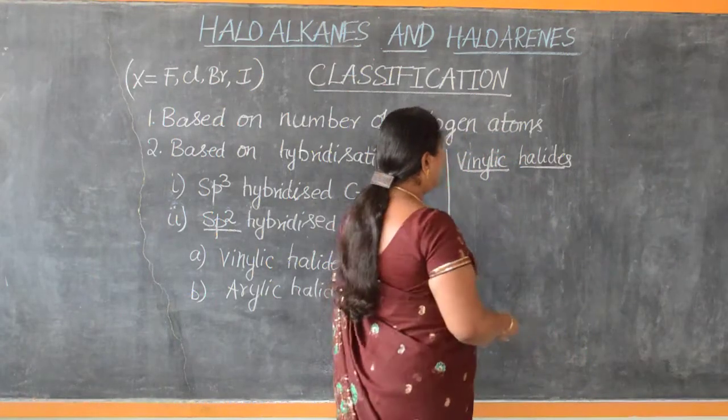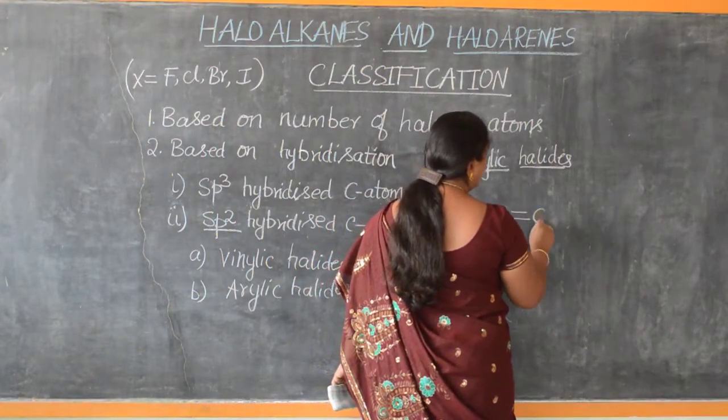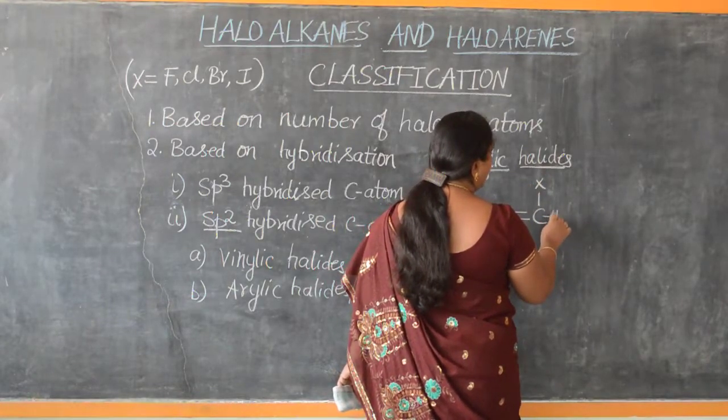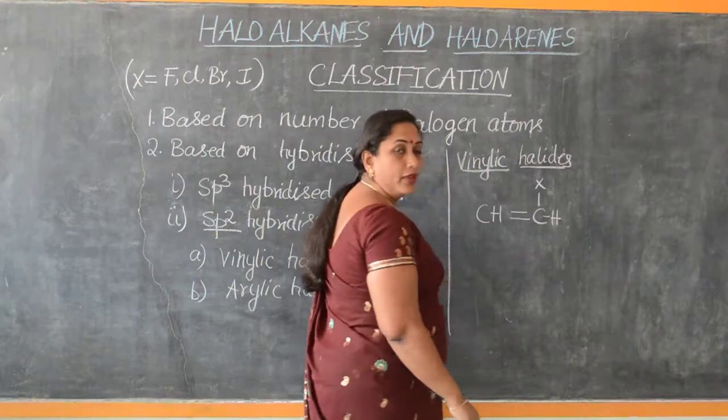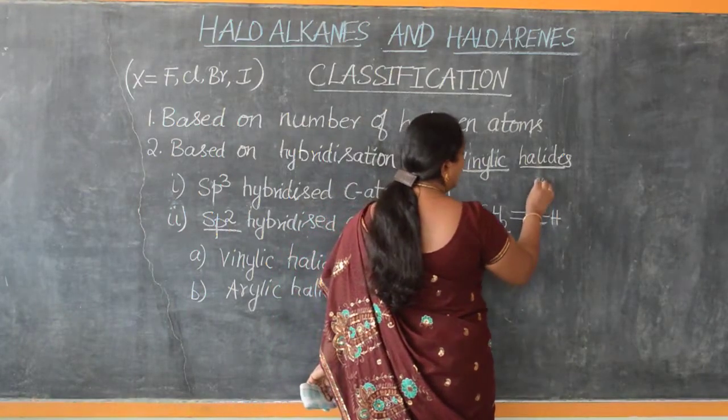Unlike that, here we have the case wherein the carbon atom to which the halogen is attached is directly involved in the double bond. Look at this example.